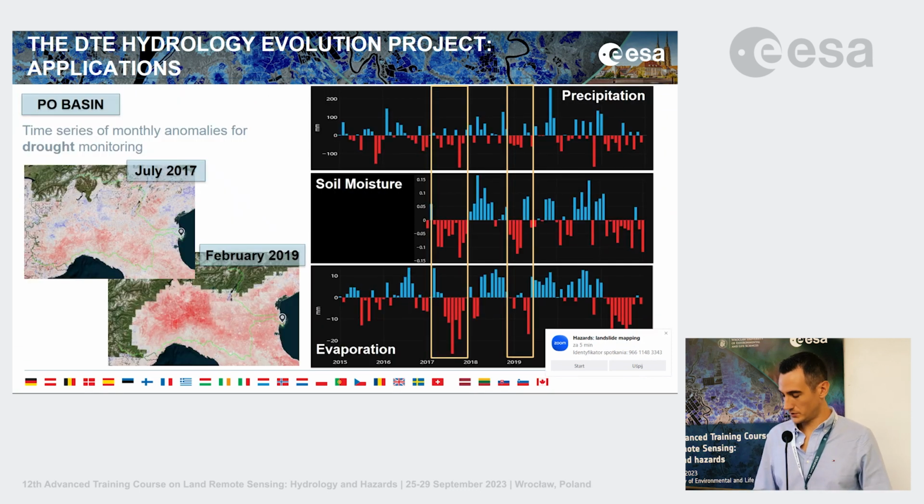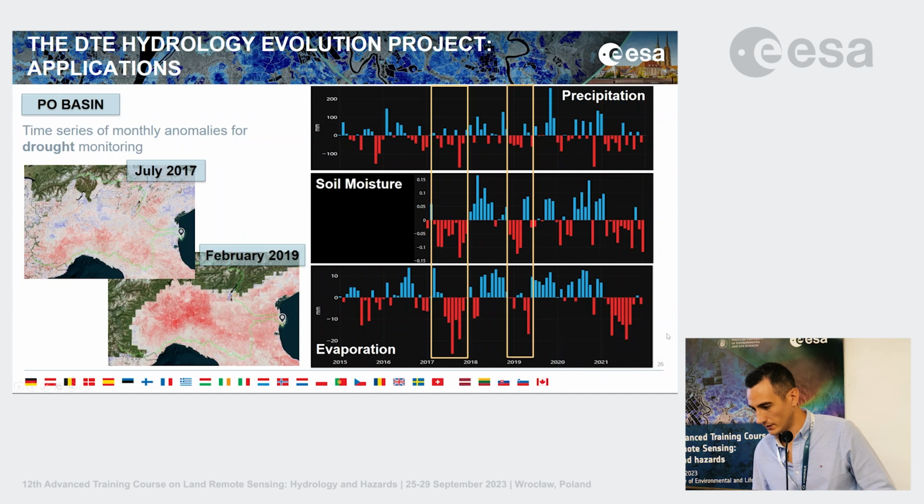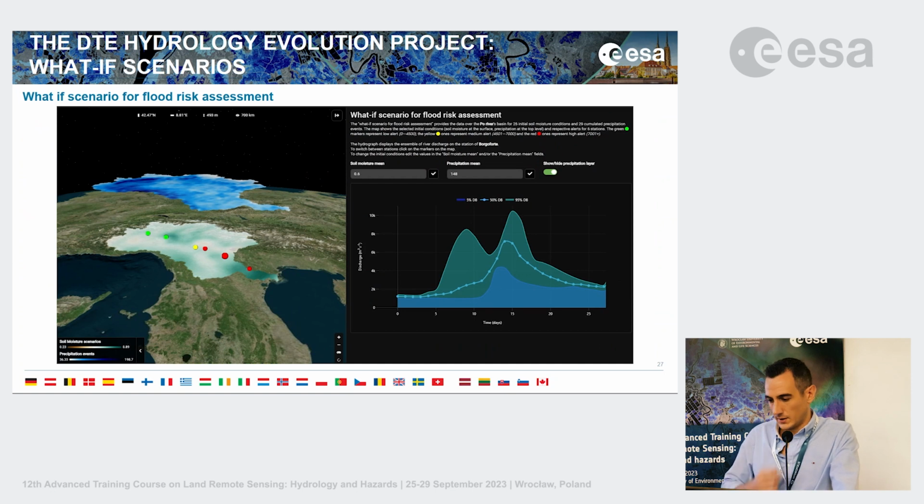The same information can be visualized in another way as time series of anomalies, which of course are very useful for detecting drought events, as for instance summer 2017 there is clearly a deficit in precipitation, soil moisture, evaporation, and this can be clearly depicted by the data cube in the platform. But more interesting to me are the what-if scenarios. That is what I would like to show you in detail this afternoon.